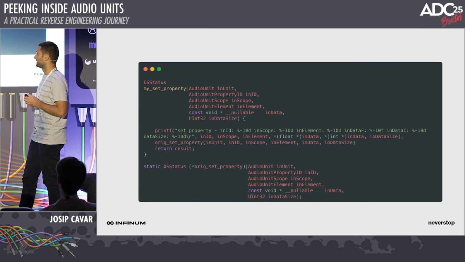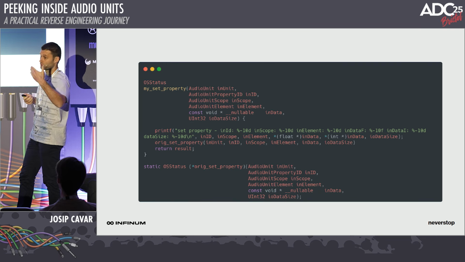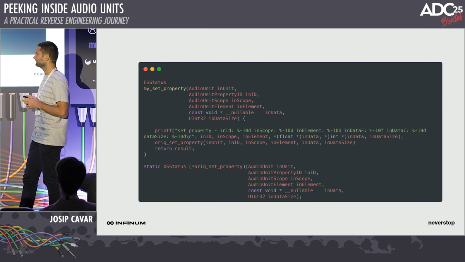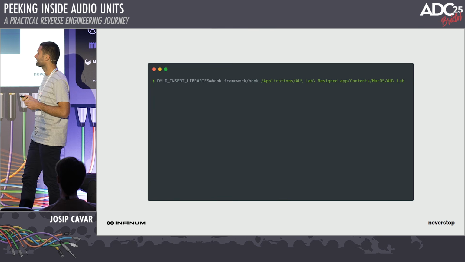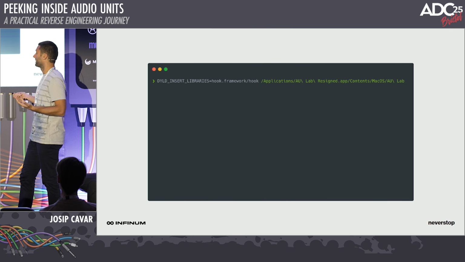My set property, as we said, just prints these values that it's called with, and it calls original set property, so that things keep working. And we inject this to the AULab by running AULab with this environment variable called DYLD_INSERT_LIBRARIES, which will basically tell the dynamic loader to load our framework, the framework at this path, in our binary.